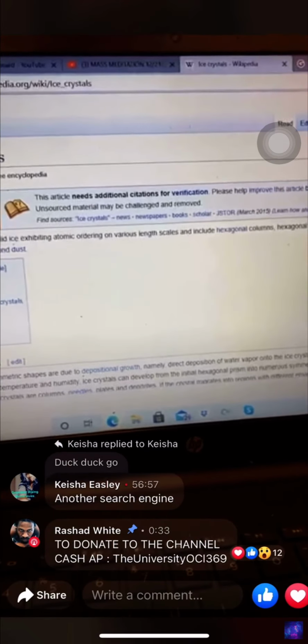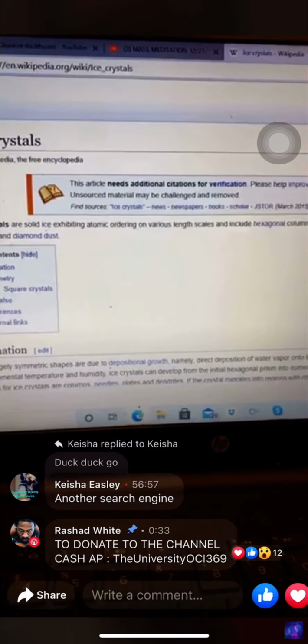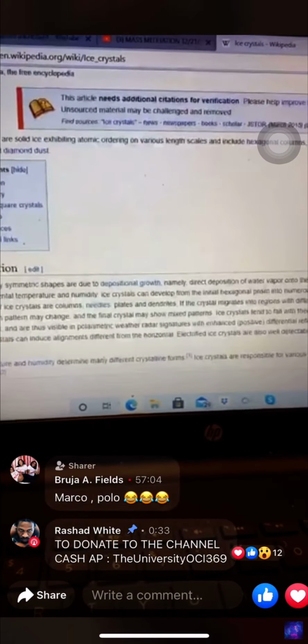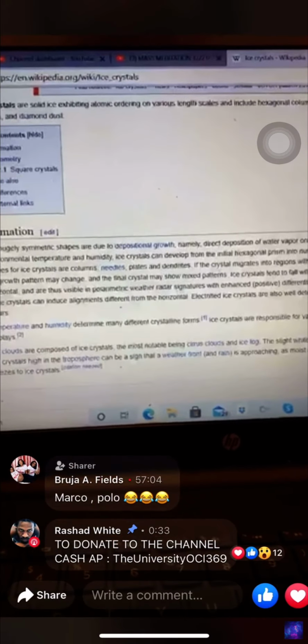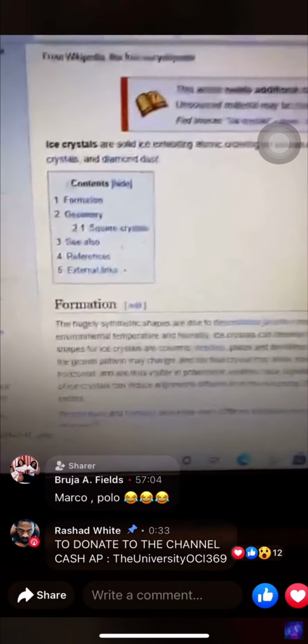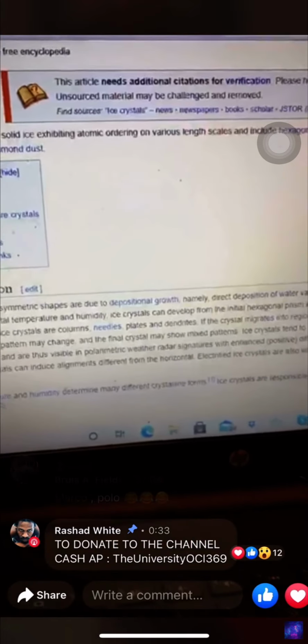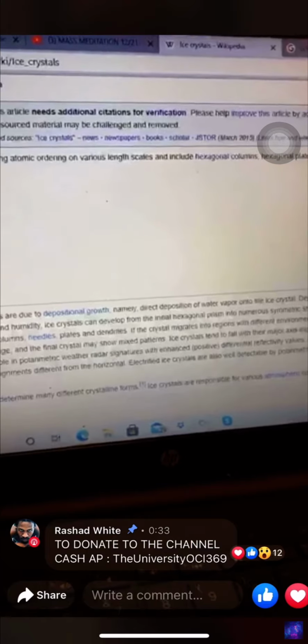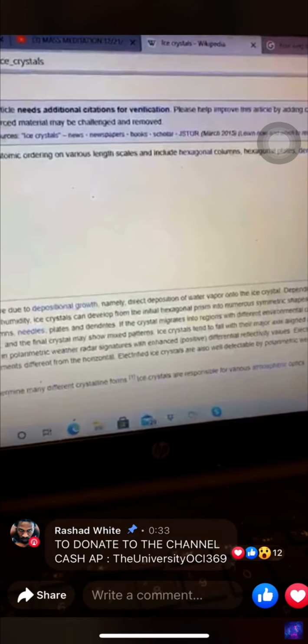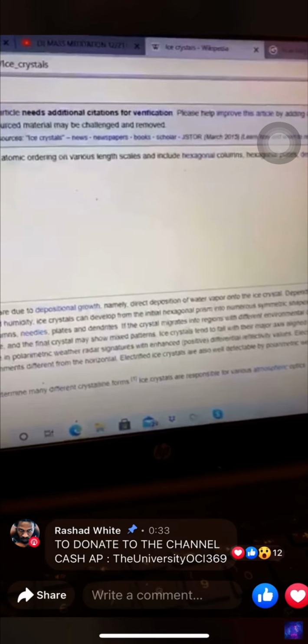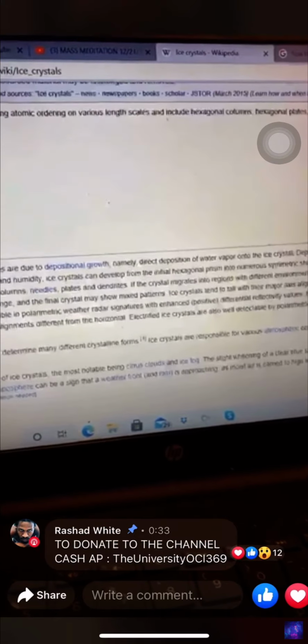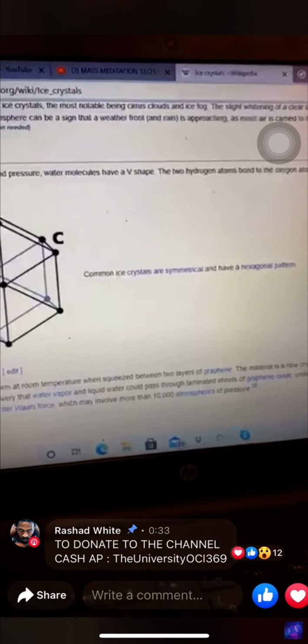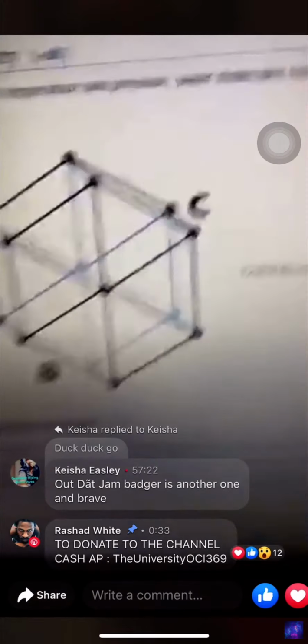Let's talk about it. Ice crystals are solid ice exhibiting atomic ordering on various length scales and include hexagonal columns, hexagonal plates, dendritic crystals, and diamond dust. Okay? Let's look at the geometry of an ice crystal. That's the geometry of an ice crystal, y'all.